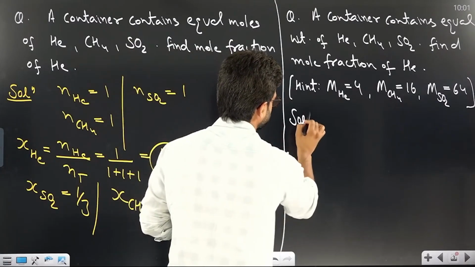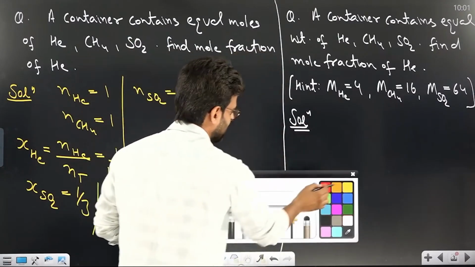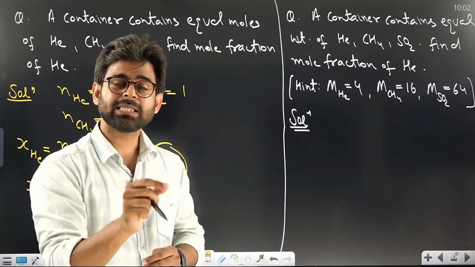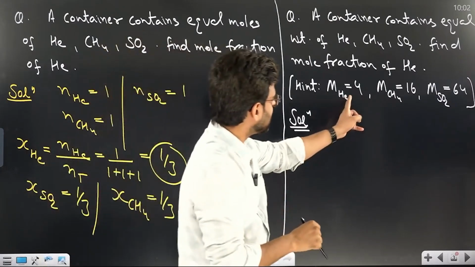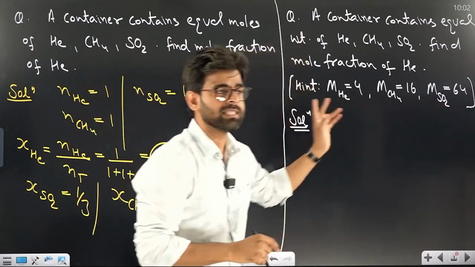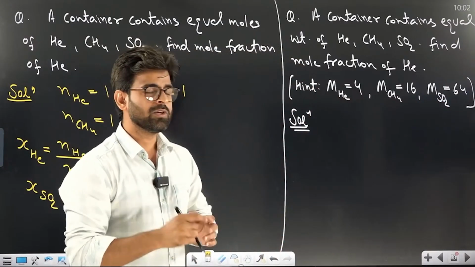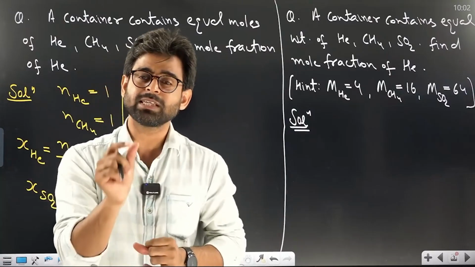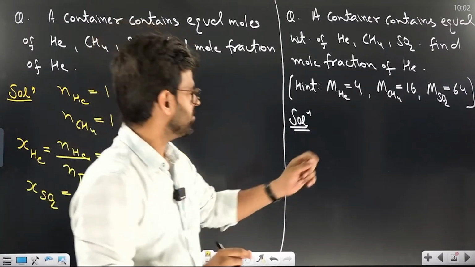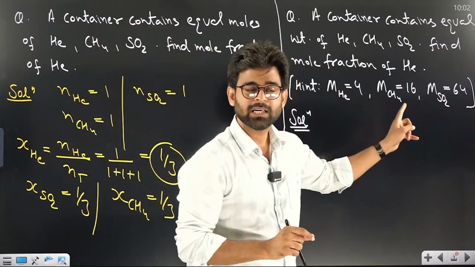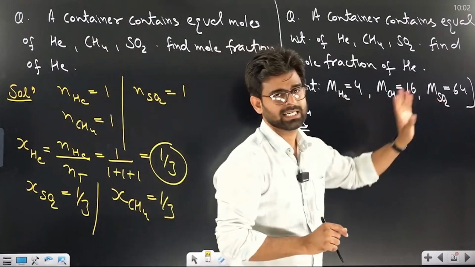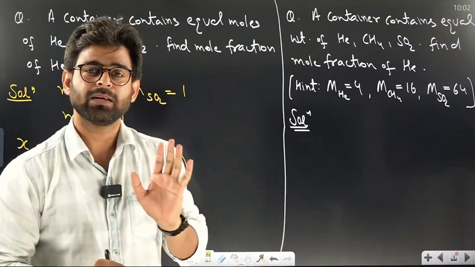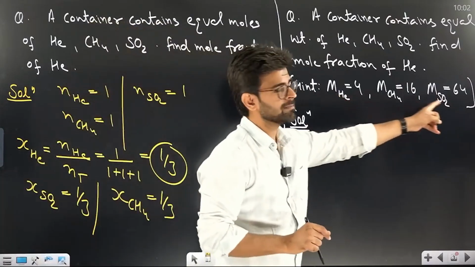For example, take or assume a weight which is an LCM or multiple of the molar weights of all of these. Can you tell me what is the weight? 64. 64 is a multiple of all of these molar weights.